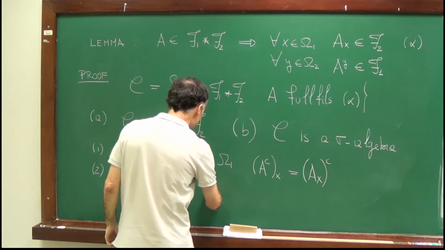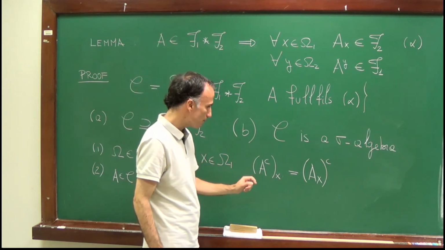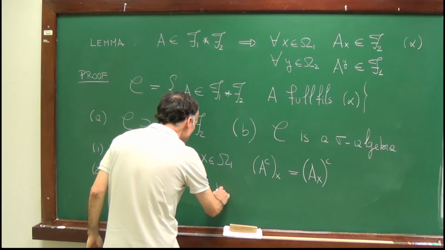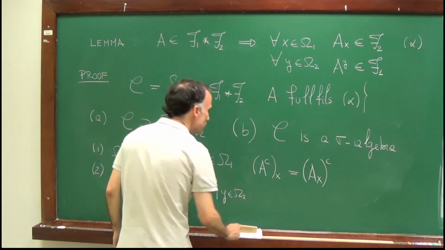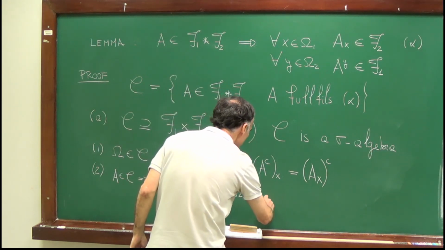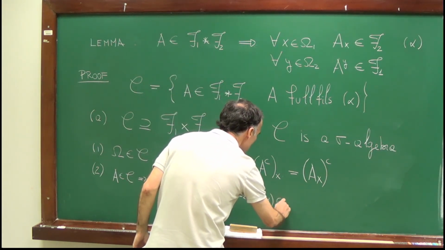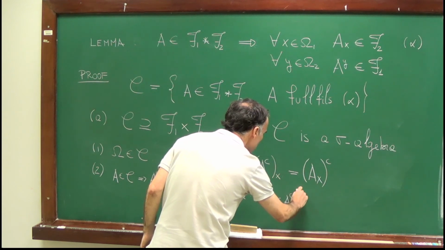Well, so let's recall what's the cross-section of a set. So these are all points y in omega 2 such that xy belongs to A complement.